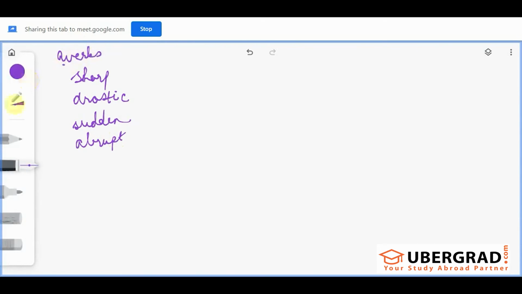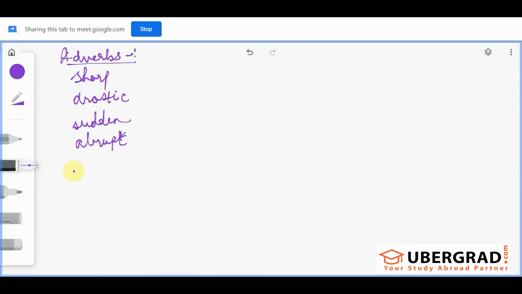Adverbs to talk about the quality of increase or decrease. Never just write it increased or it decreased. What type of increase or what type of decrease is important. Adverbs. Okay. So sharp, drastic, sudden, abrupt.